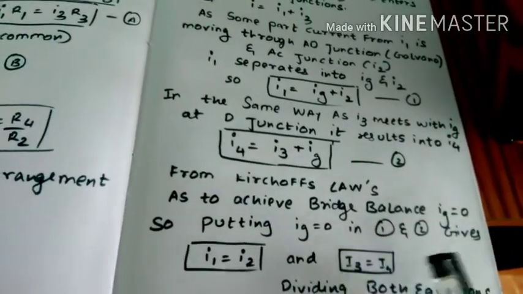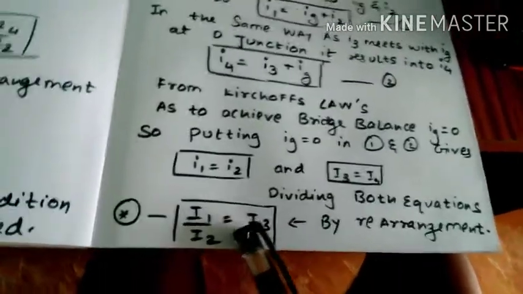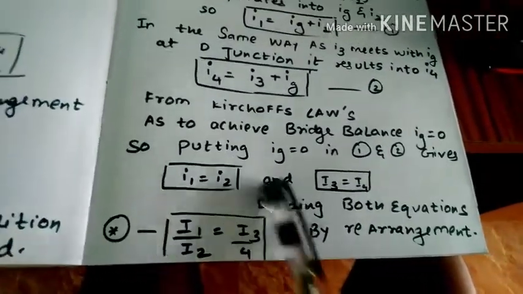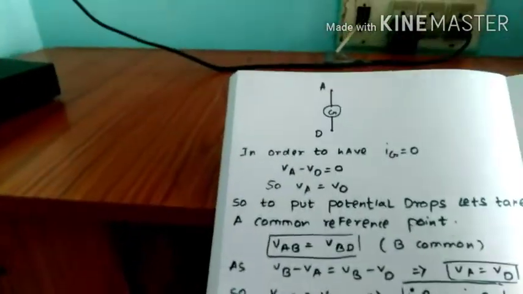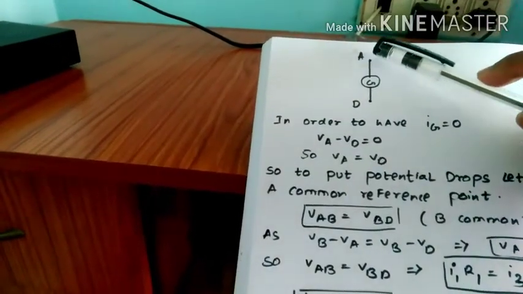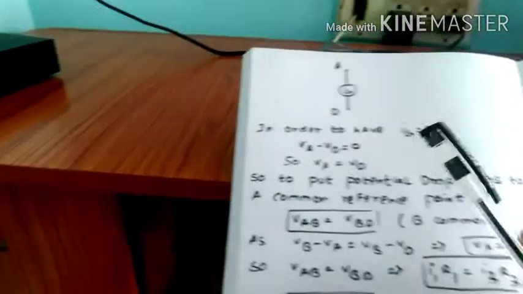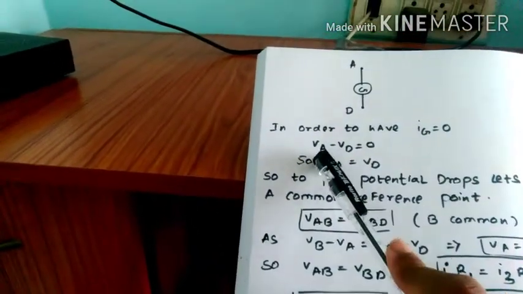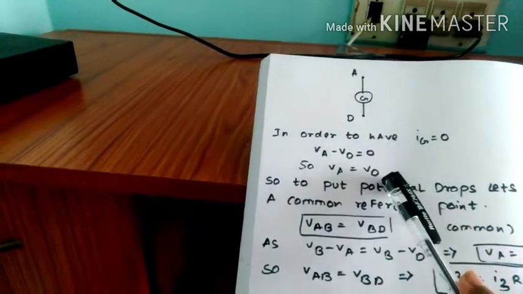Afterwards, by dividing these two equations, we'll get this equation by rearrangement. And this is our main equation. So guys, in order to have zero deflection in the galvanometer, we need to have the potential difference between A and D as 0. So we can write VA minus VD is equal to 0, so VA is equal to VD.